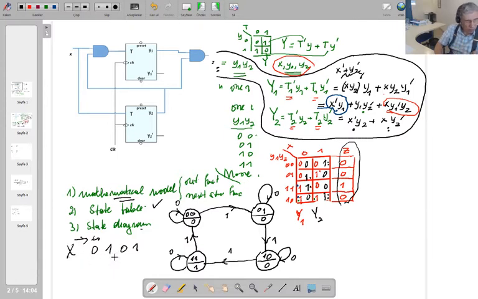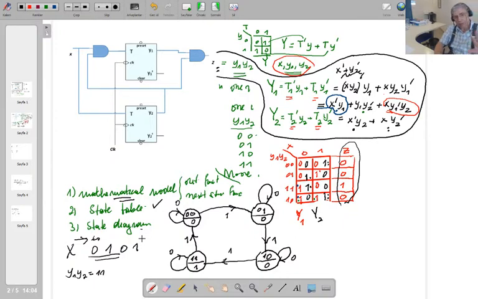You might call it bit stream, input sequence, or input train, pulse train. So let's assume our present state y1, y2 is 1, 1, and apply this input. What's going to be the output? That is the question.